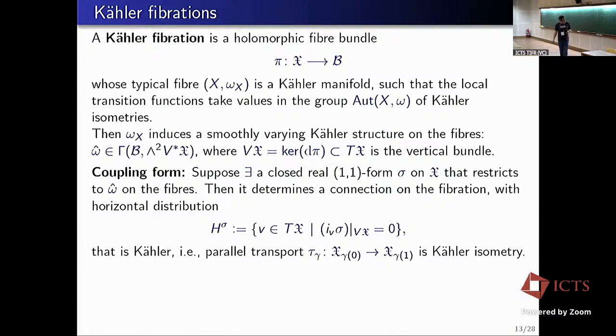Tau is parallel transport. And the last ingredient is that when you have this, and you are able to construct a coupling form, if J also has a Kähler form, then you can combine them, okay, and construct some closed two-form on the total space of the fibration.